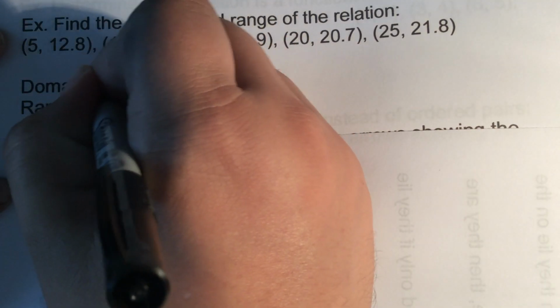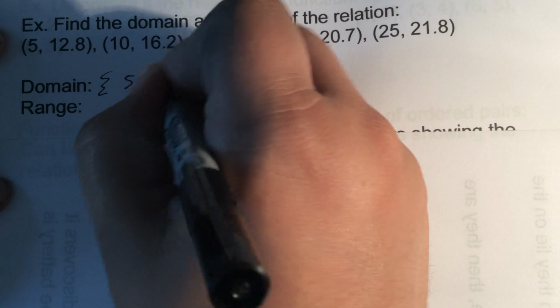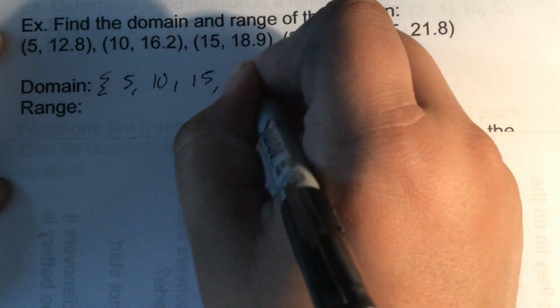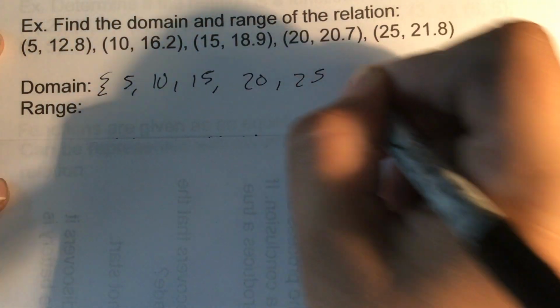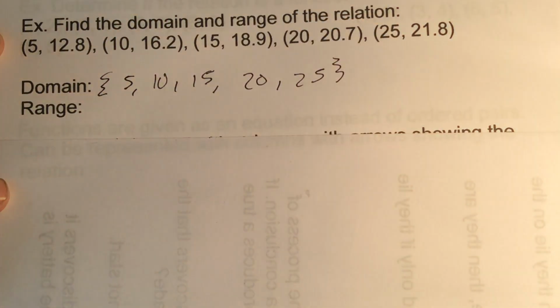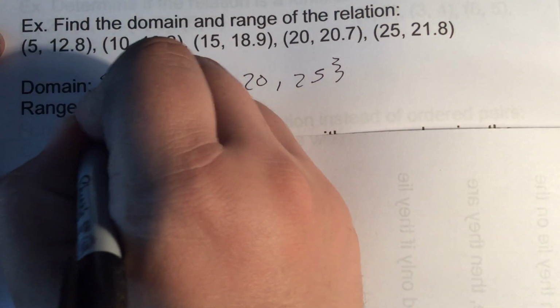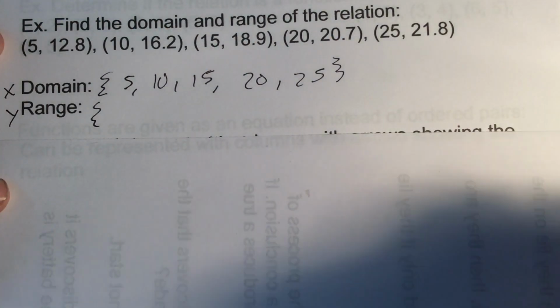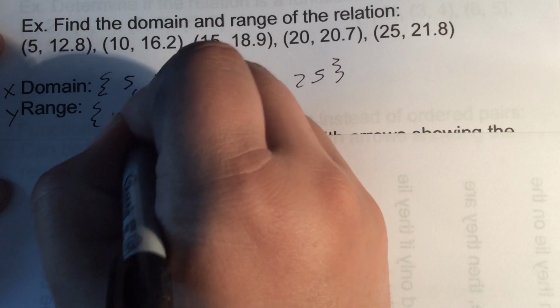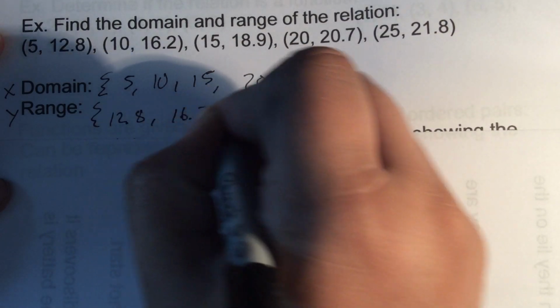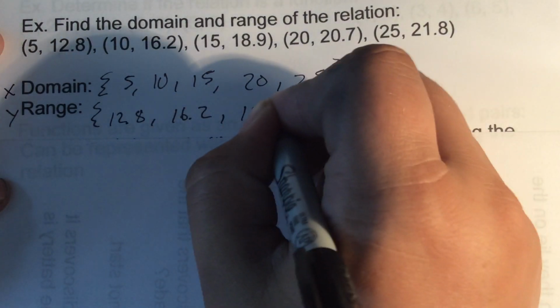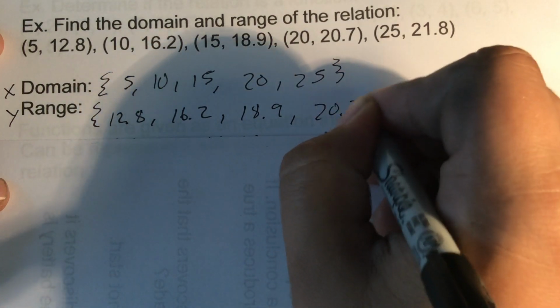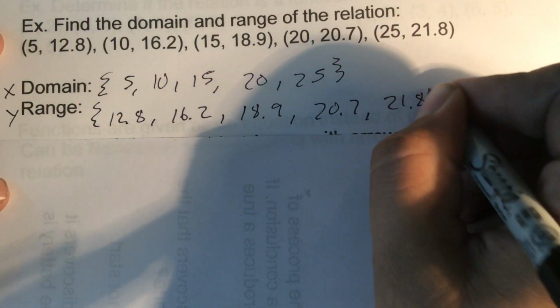So, domain would be the set of 5, 10, 15, 20, 25. Range then is all the second components or the y's. So think of domain as the x, range as the y. So 12.8, 16.2, 18.9, 20.7, and 21.8.